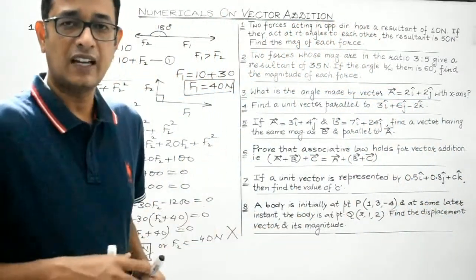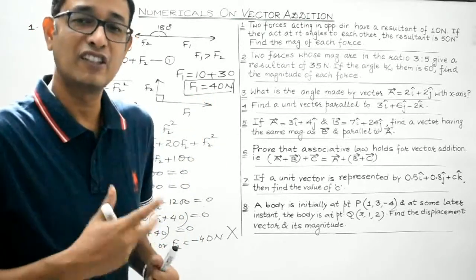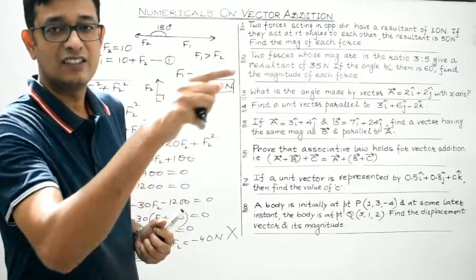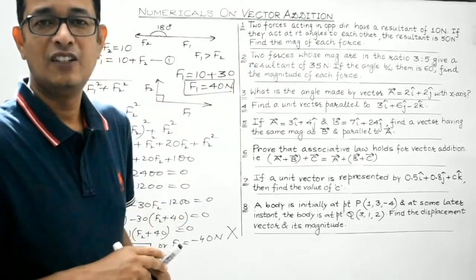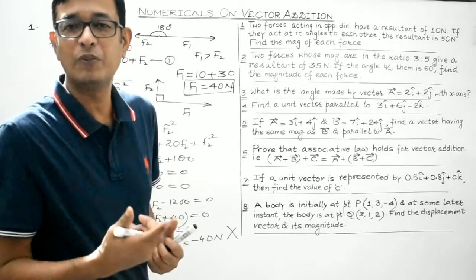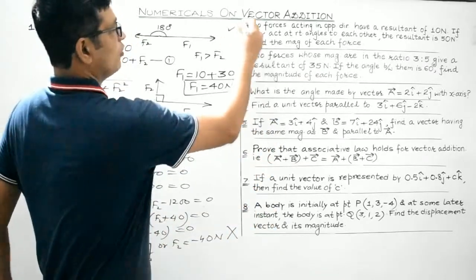You can cross-check the answer. When 40 and 30 Newton are both acting in the opposite direction, the resultant would obviously be 10 Newton. And when they are at right angles, then 30, 40 and 50 are the three Pythagorean triplets. So when 40 and 30 Newton act at right angle to each other, the resultant would be 50 Newton. Right? So we are done with question number 1.